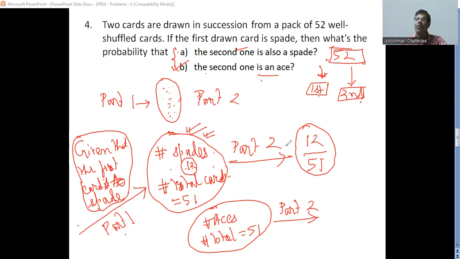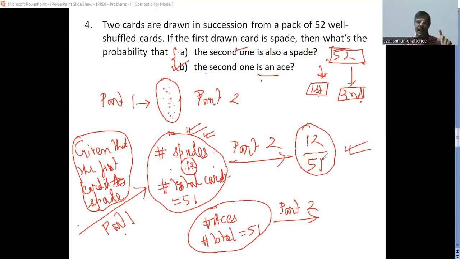Instead of getting into that long calculation we did, where we first found out the total number of favorable cases for C intersection B, and then found probability of that and took the ratio with probability B, all those things. Here, intuitively, you can argue that this should be the answer and it should be correct.